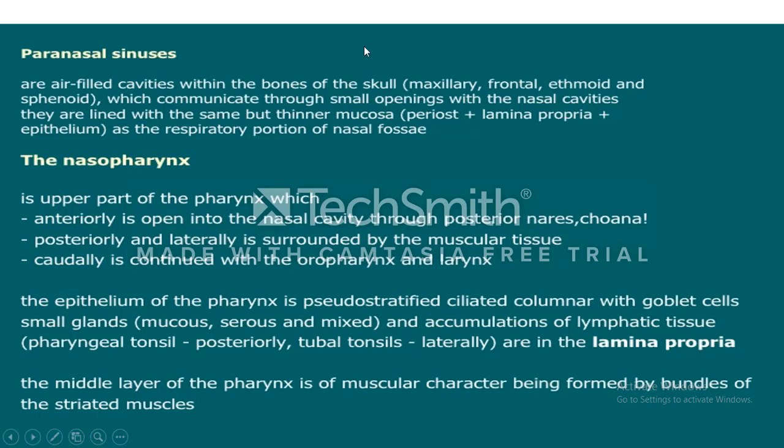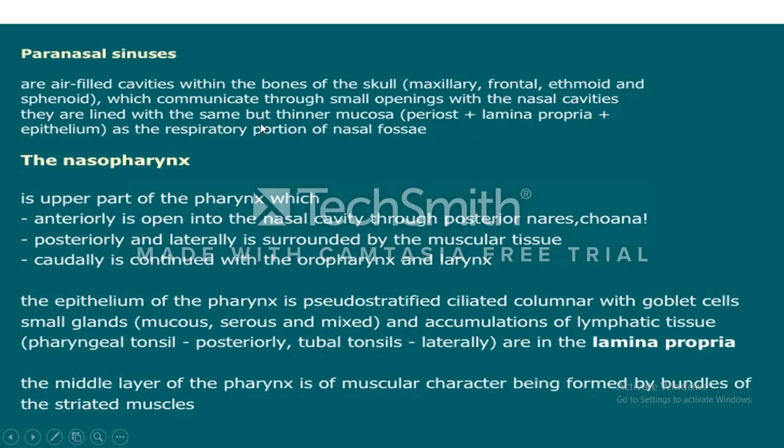The nasal cavity, by pores, connects to the maxilla. What's the name? Mucosa of maxilla. Paranasal sinus. The paranasal sinus has mucosa. This mucosa consists of epithelium and lamina propria.